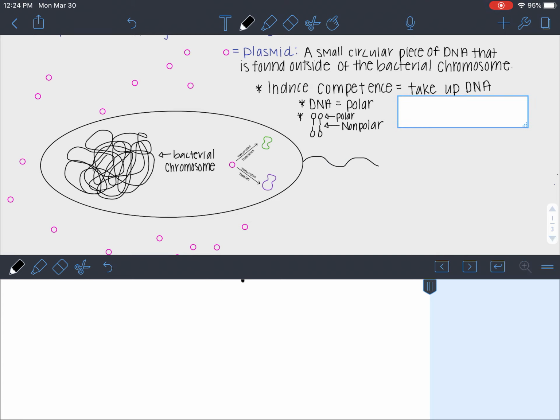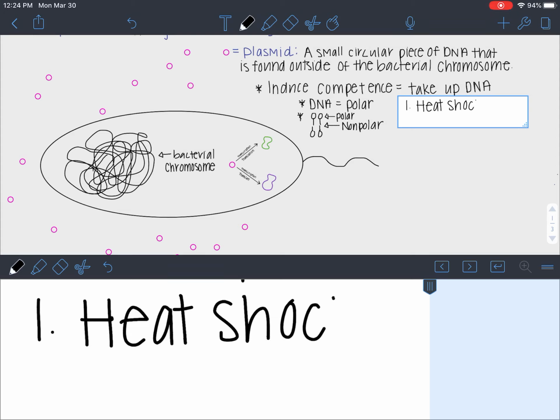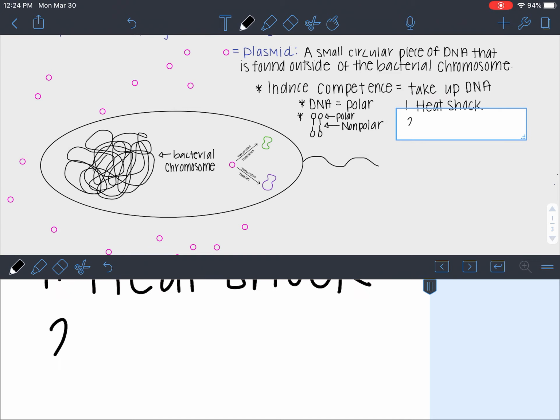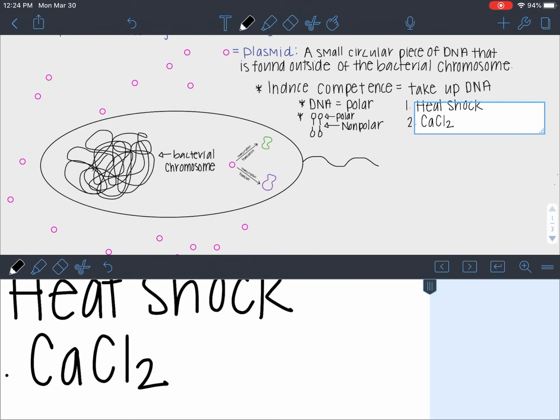And the way that we induce competence in our procedure is through a heat shock, in the presence of calcium chloride. Okay, so we're going to use those things, and what that's going to do is relax the cell membrane.